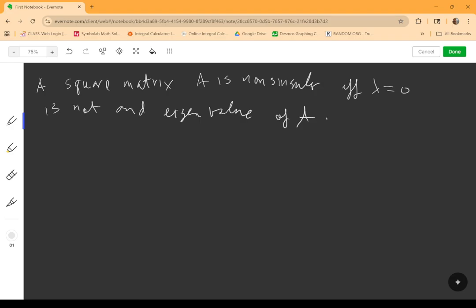If lambda equals 0 is an eigenvalue, then A is singular.